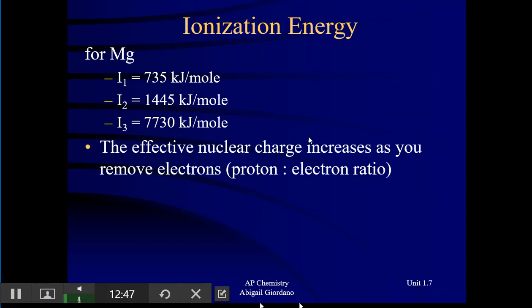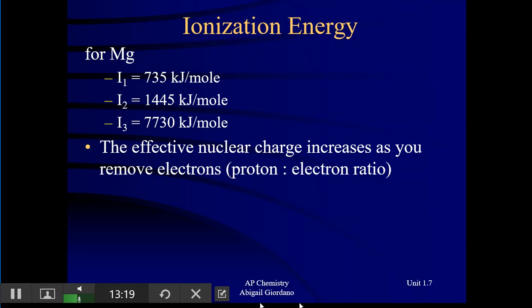A fancy way that you could explain this, let's say this was in a free response situation, and maybe the question said, please explain why the ionization energies are steadily increasing. You could simply talk about the proton to electron ratio. It's increasing in favor of the proton, so the effective nuclear charge is getting stronger.